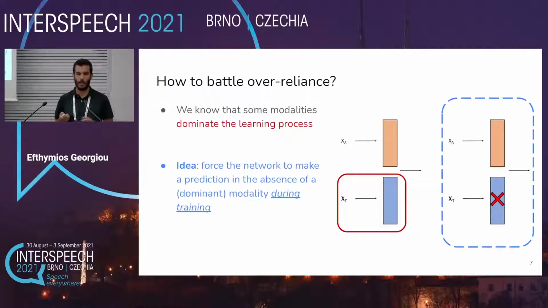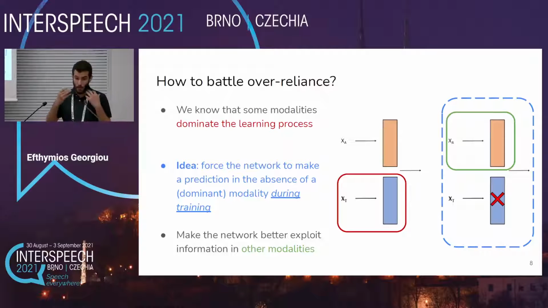So the idea is to mask that modality and force the network to make a prediction in the absence of that dominant modality. We believe this will force the network to better exploit information in other modalities and better capture cross-modal interactions. Once again, the idea is to mask the dominant modalities during training in order to force the network to better exploit information that exists in other modalities.